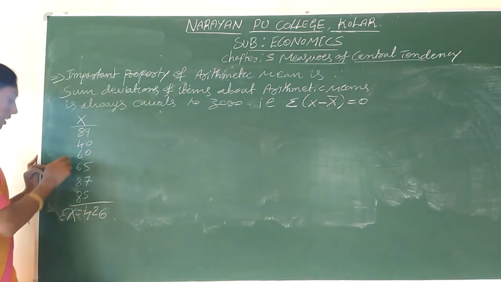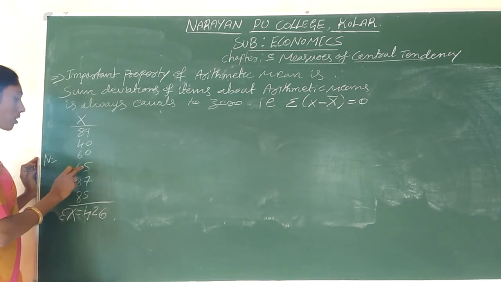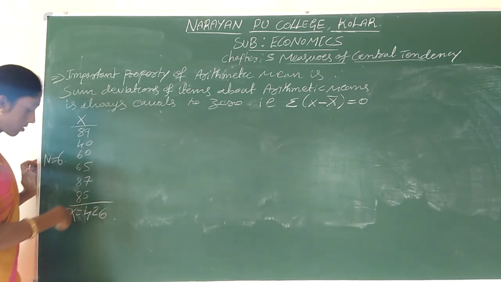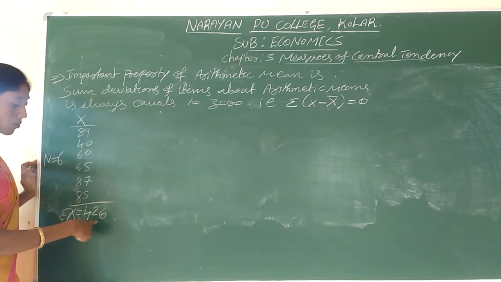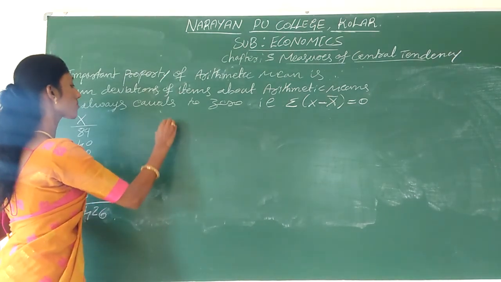426, and n. Now we need to find out n. N means 1, 2, 3, 4, 5, sorry, 6. N means number of items is 6. Sum of all the observations is 426. Now apply the formula.